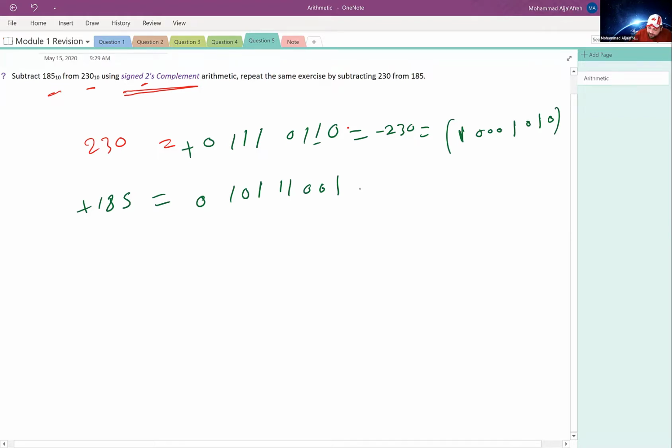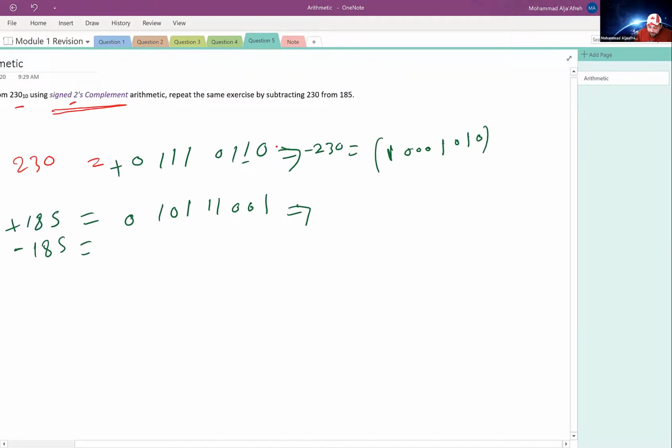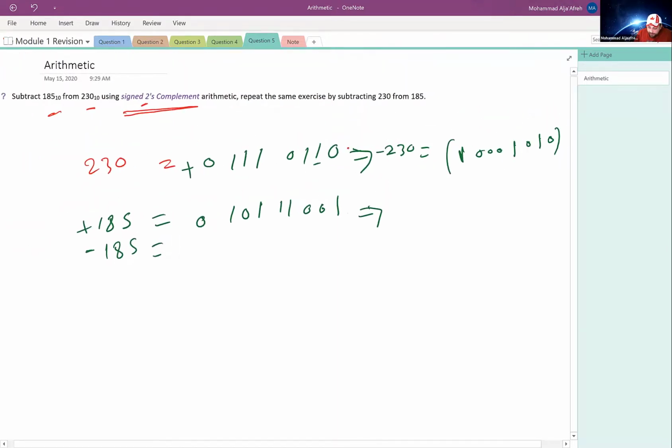And for the minus 185, what I should do is take the 2's complement to represent the negative representation of the 185.